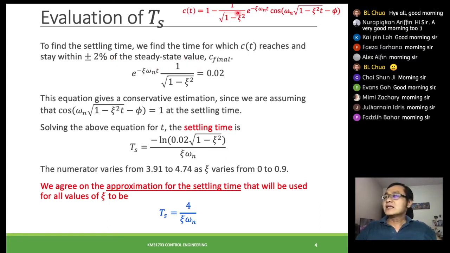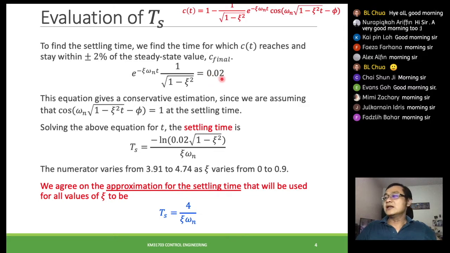So in that case, that would correspond to this final term, this part of the term, because one is the final value, minus this is the oscillation part. This represents the fluctuations of the system, and we set this section to be equal to 0.02.